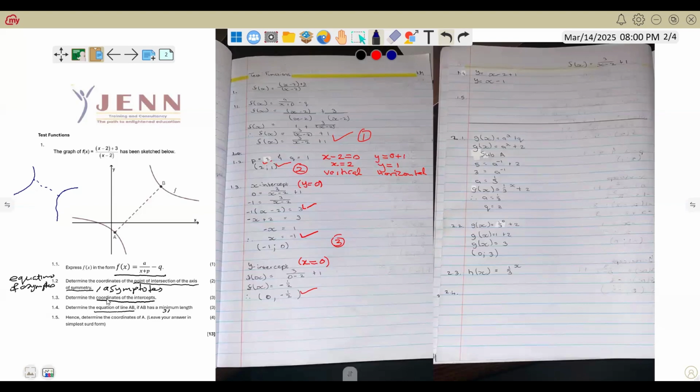Yes, sir. So for you to get the equation of the axis of symmetry, here we wanted the axis of symmetry having positive gradient. Is that clear? Yes, sir.